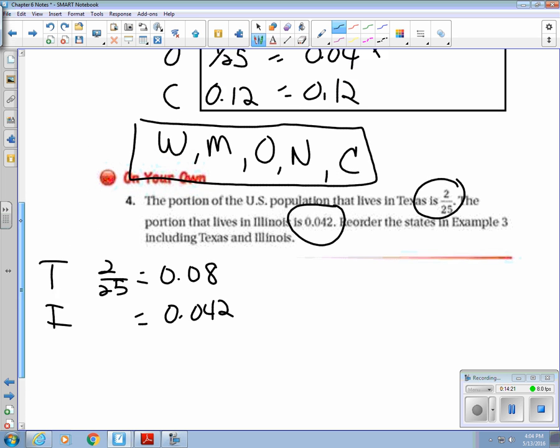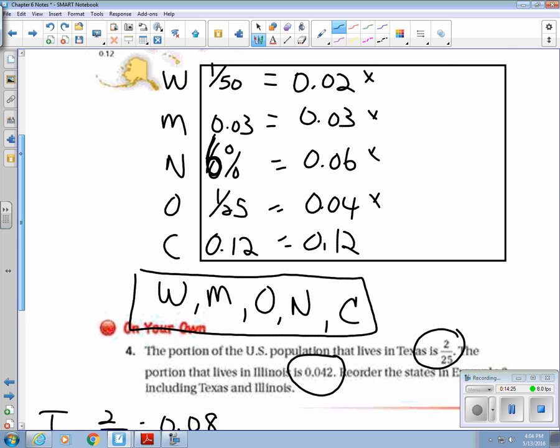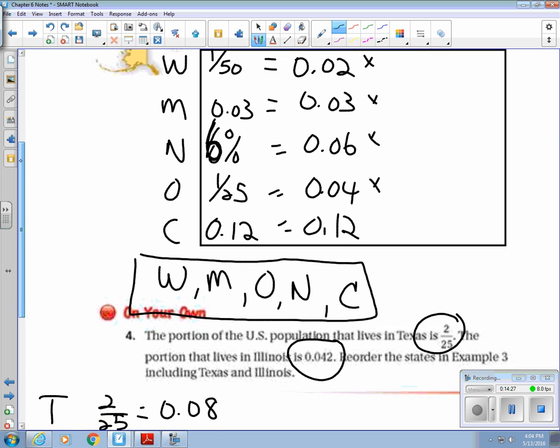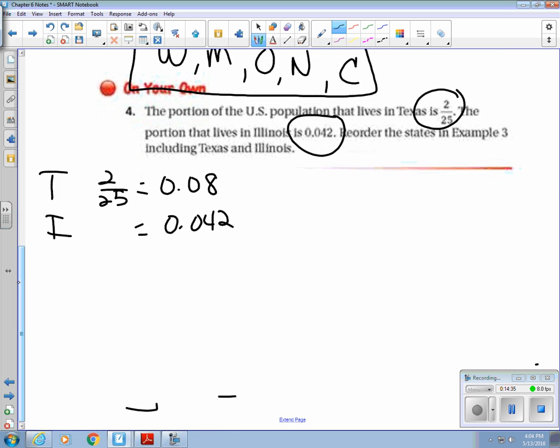Now, if I go back up to the top, I can bring down what the other states are. So Washington, Michigan, New York, Ohio, and California. I'm going to place them in some kind of order like they were before. I know that Washington was the smallest with 0.02.